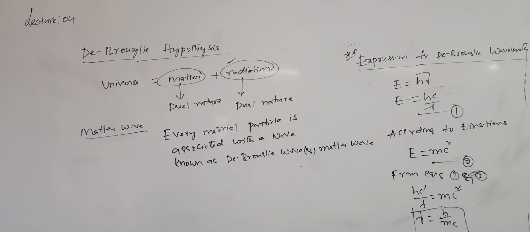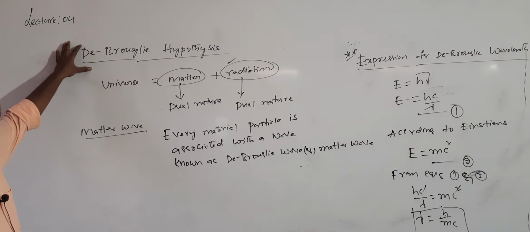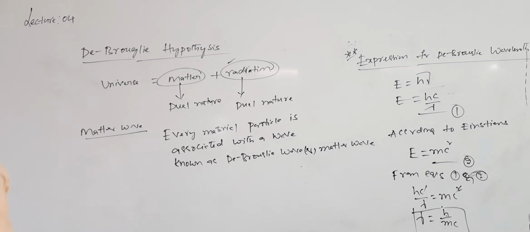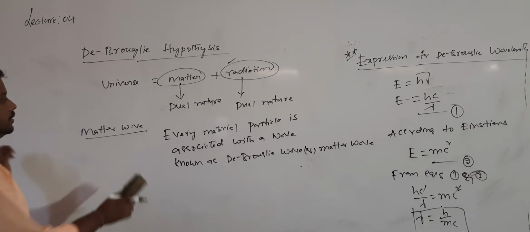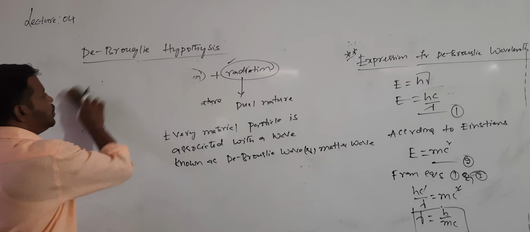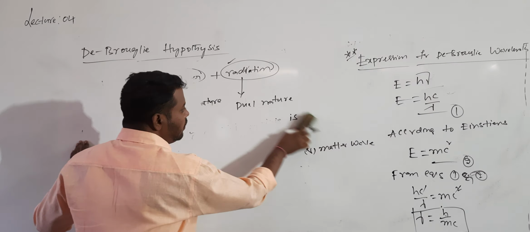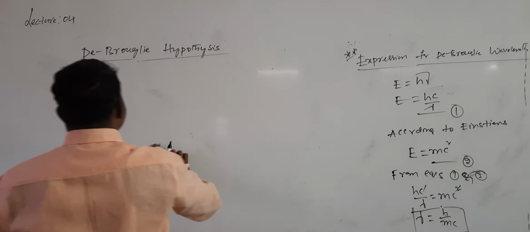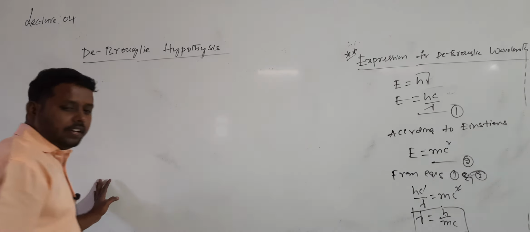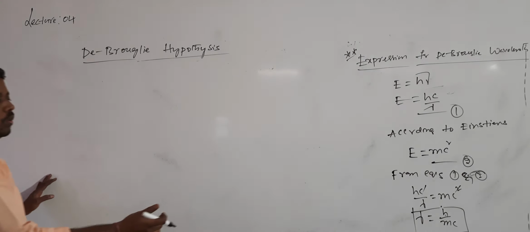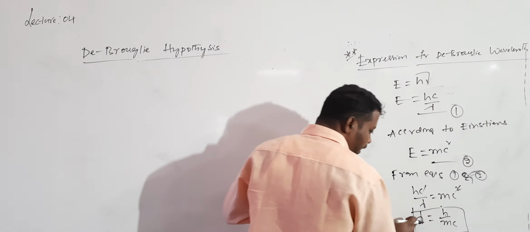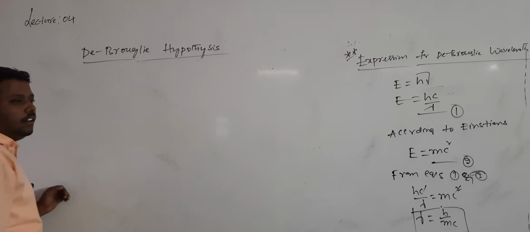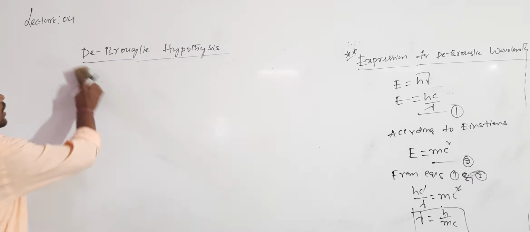Till now, understood? What is the de Broglie hypothesis, what is matter wave, and what is the expression for the de Broglie wavelength? Now I want to calculate the de Broglie wavelength for an electron. If the photon is moving with the velocity c, the de Broglie wavelength is given by h by mc.